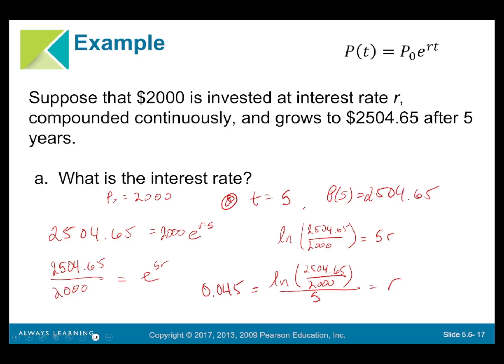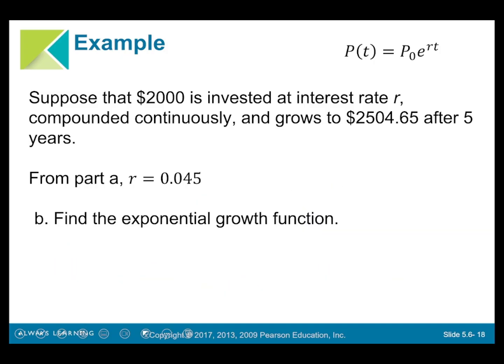Our interest rate r, perfect. Now on to part B, we actually want to write down the growth function. So our P of t must be 2,000 e to the 0.045, which we got in part A, times t. We just fill them in to actually write down what the function is.